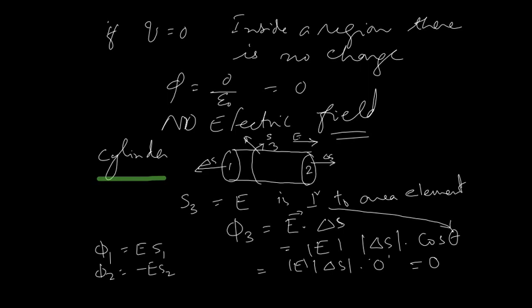So therefore we have to consider only the curved surface. That's phi 3, and that is also equal to 0, because the angle theta is 90 degrees, cos 90 is 0, therefore phi 3 is equal to 0. So phi 1 plus phi 2 plus phi 3 equals 0 even in this case.